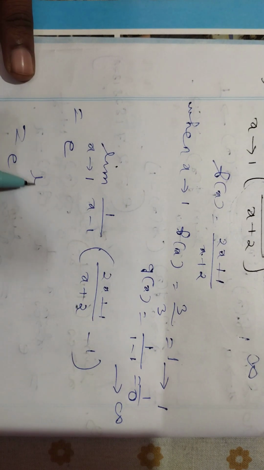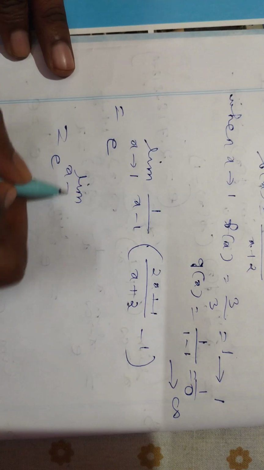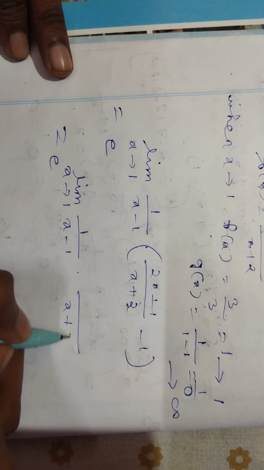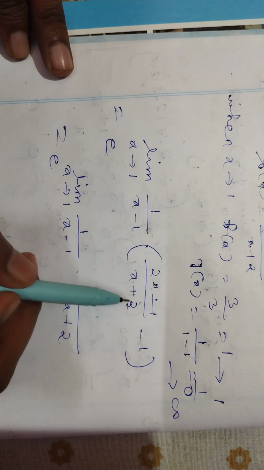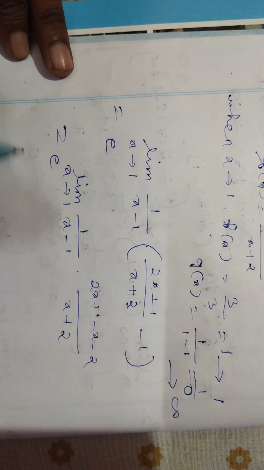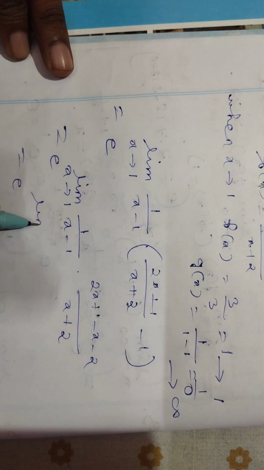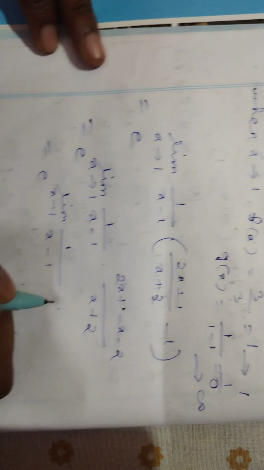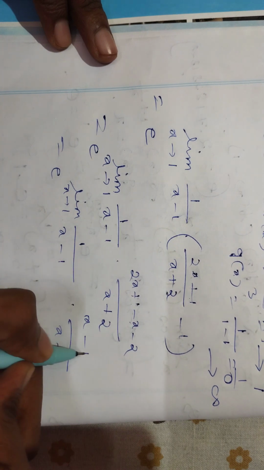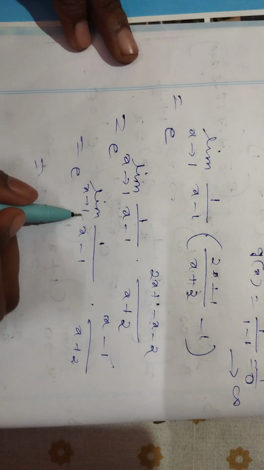So e raised to power limit x tending to 1 of 1 by (x minus 1) into [(2x plus 1 minus x minus 2) by (x plus 2)]. This simplifies to x minus 1, so x minus 1 cancels out.